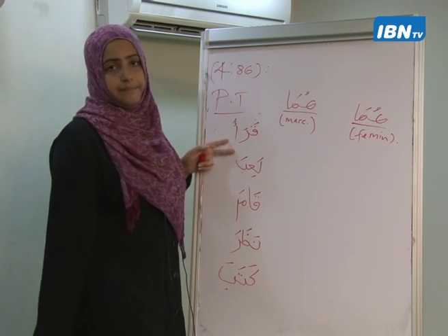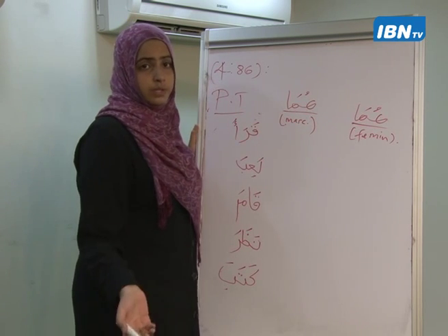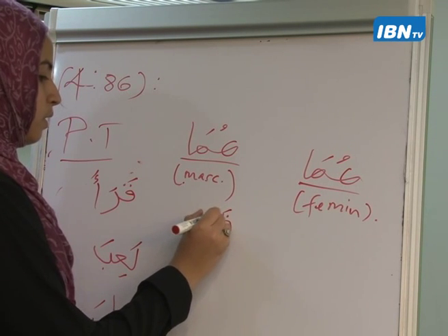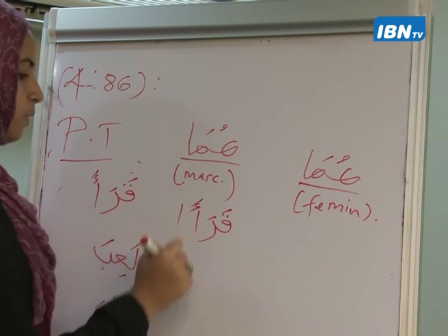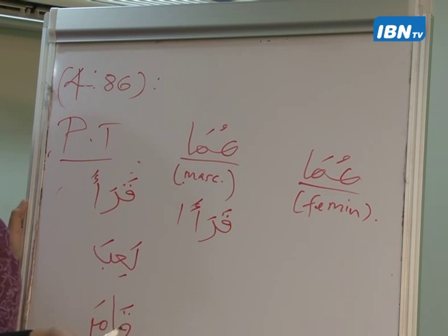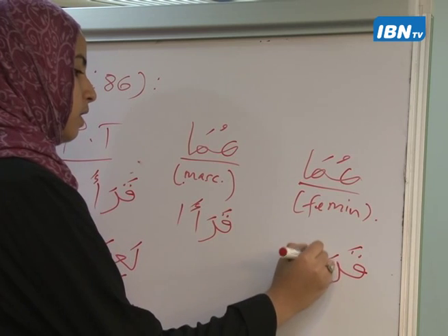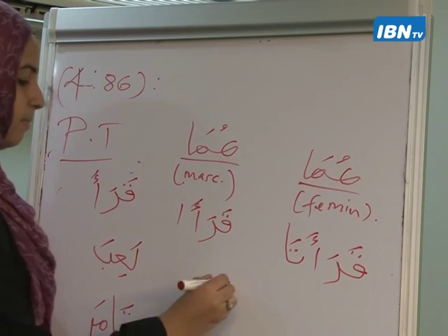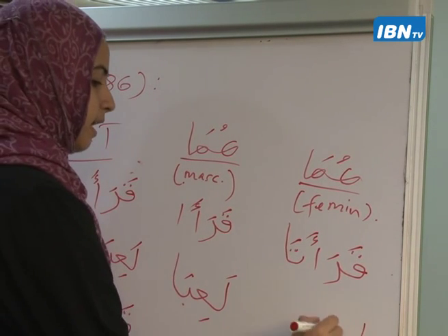Right, so you're going to give me in these two forms. So if I say qara'a, he recited. So if I want to say they two masculine recited, it's going to change into qara'a. Okay, now what if I have feminine? So it's going to change into qara'ata, right? Same with la'iba. La'iba will become la'iba and la'ibata.